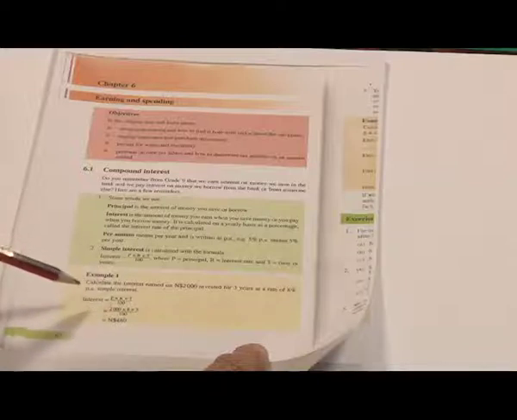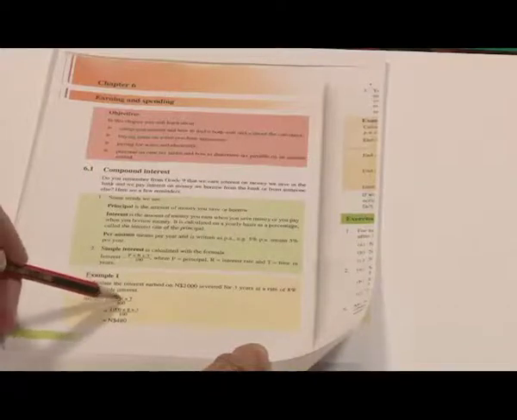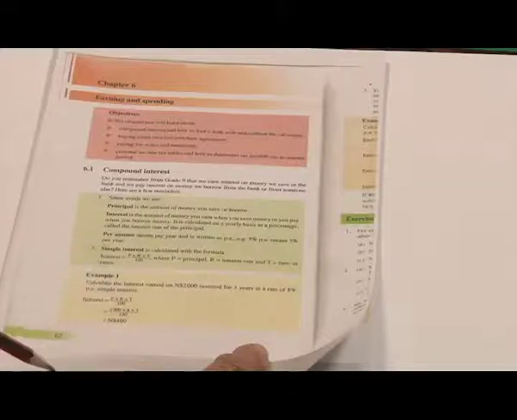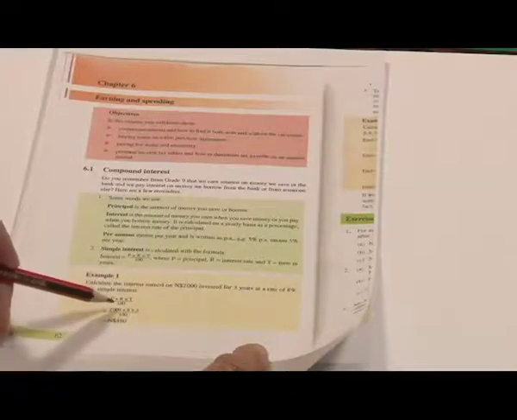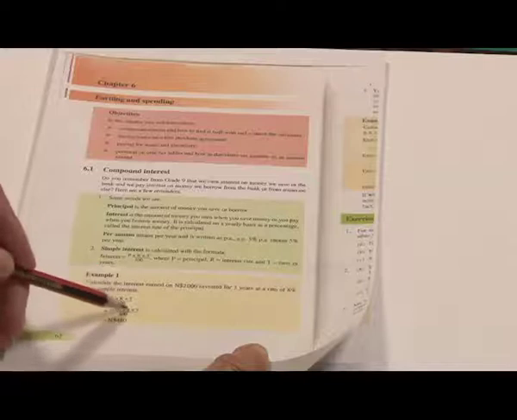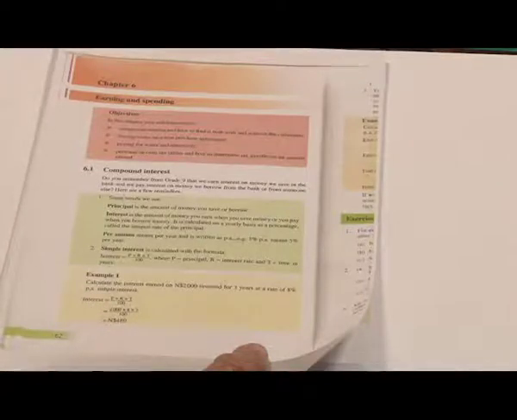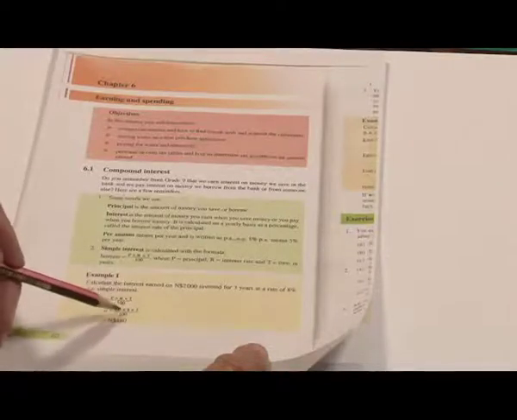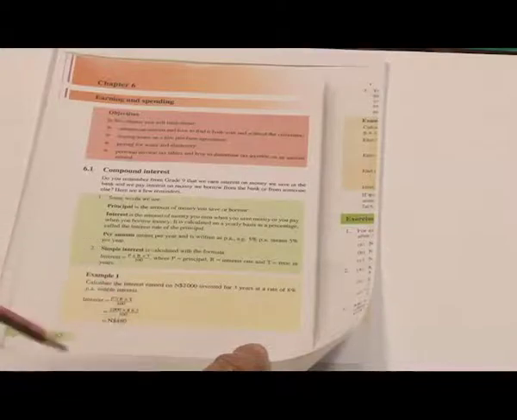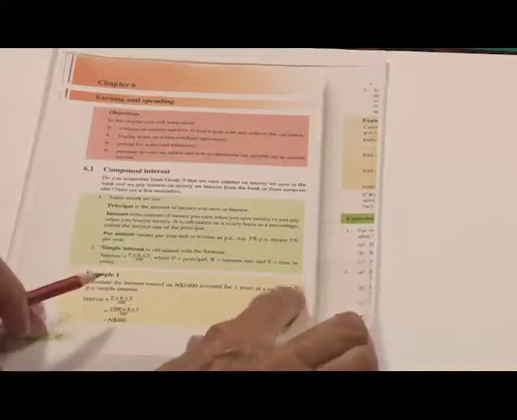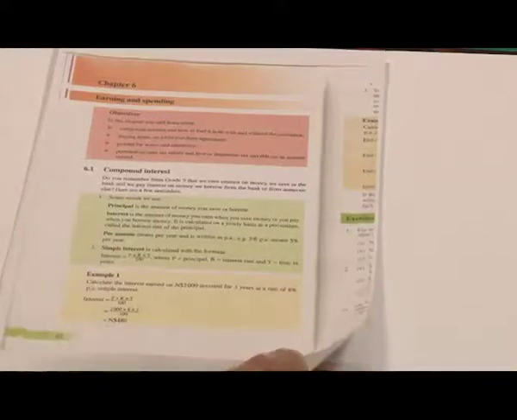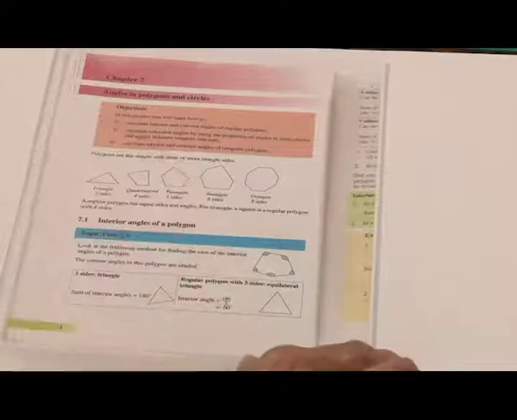Simple interest. So it's P times rate times T divided by 100. 2,000 is the principal money, and 8 is the percentage, times 3 years. Remember to divide by 100 because it's 8%. And you use your calculator.